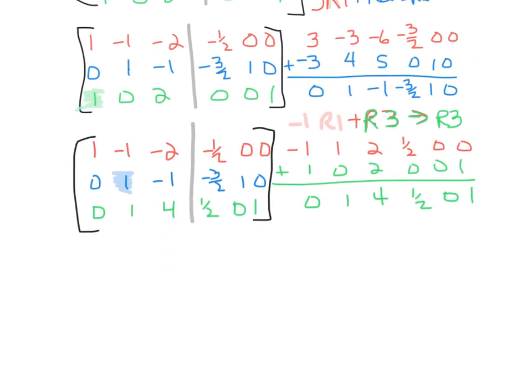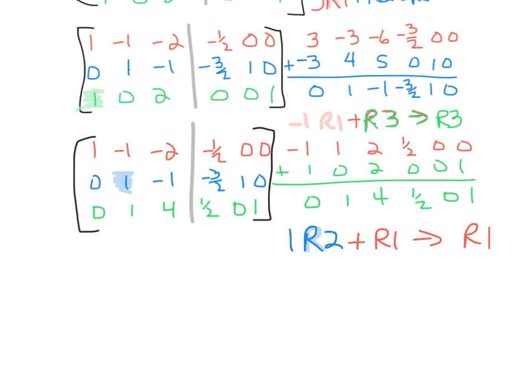So I'm going to go ahead and take care of the red first. So I'm going to take row 2, multiply it by 1 and then add it to row 1. So essentially I'm just adding rows 2 and 1.